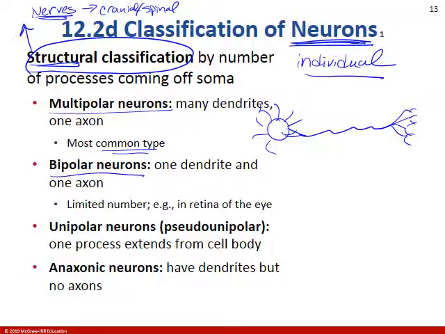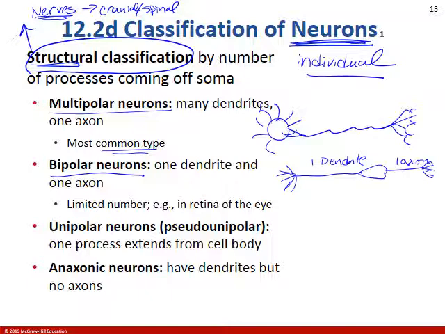Next, we have bipolar neurons. You're going to have a few dendrites at the top. Really, technically, this is the dendrite. But you can kind of have this fan at the top, then dendrite, then soma, then one axon. And then you're still going to have the ability to release neurotransmitters through the synaptic knobs.